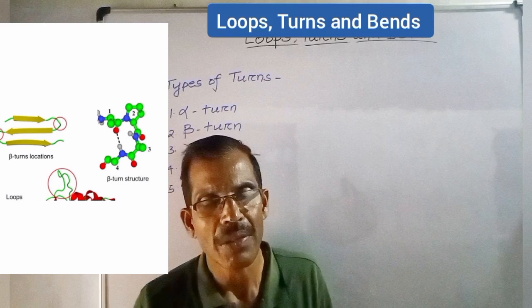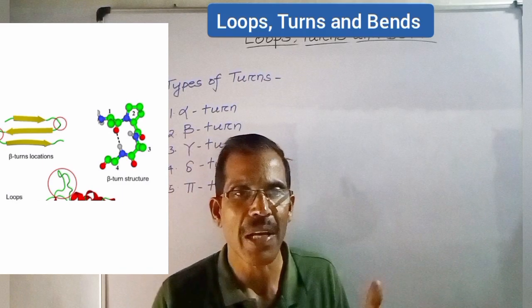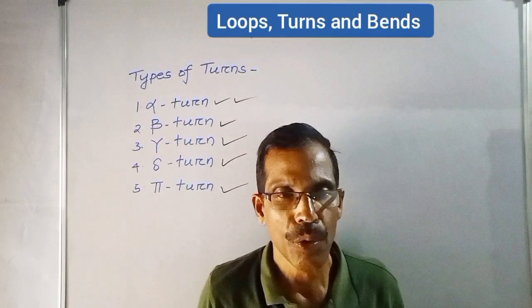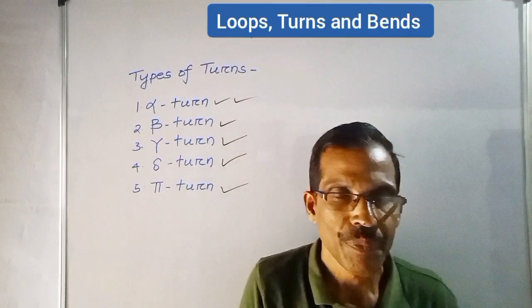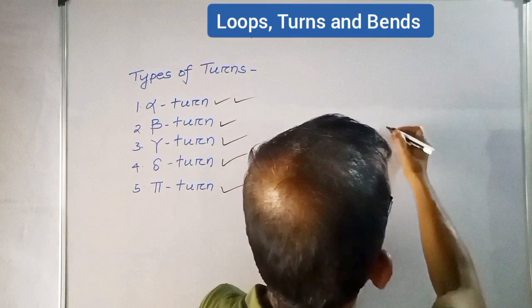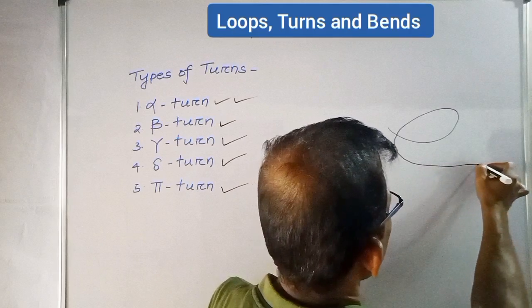Turns have a regular hydrogen bonding pattern and specific dihedral angles. In a globular protein, which is roughly spherical, by turns and bends the polypeptide chain changes its overall direction repeatedly.